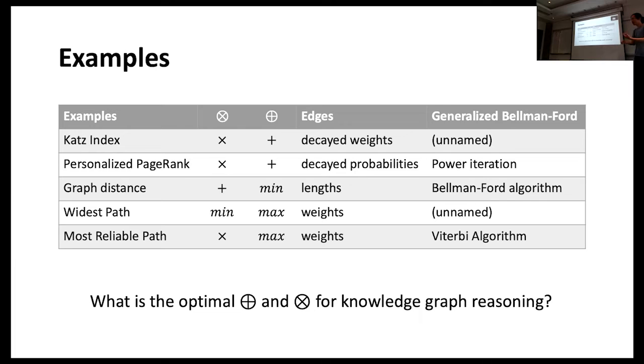And for a human, you cannot handcraft something easily for a knowledge graph with very complicated semantics. So the answer to this question is that we use machine learning, use neural networks, to learn these operations so that we can get a better result.